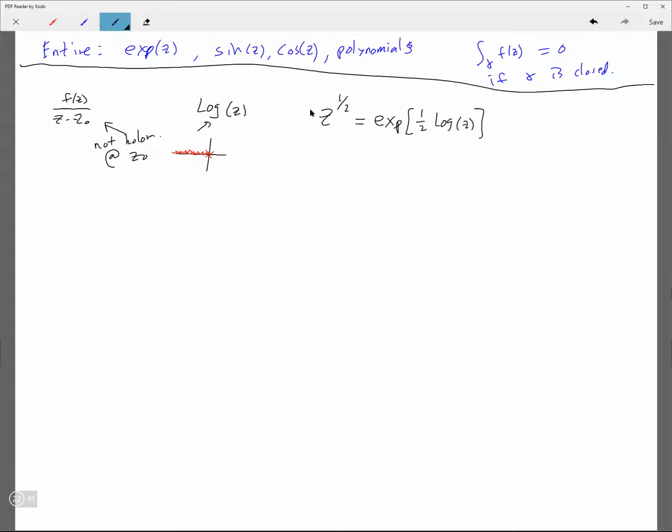So this one is the same problem as log z. So for that, you have to watch out. If you're raising it to a fraction like this, then you have to be careful about the negative real axis.